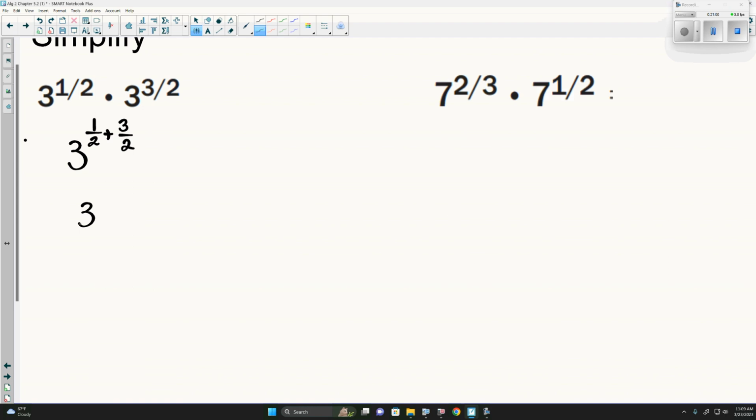Well, 1/2 plus 3/2 is 2. Because 1/2 plus 3/2 would give us 4/2, and 4/2 is indeed 2. Can we simplify 3 squared? It'd be 9. Because if we can simplify it, we're going to need to simplify it.